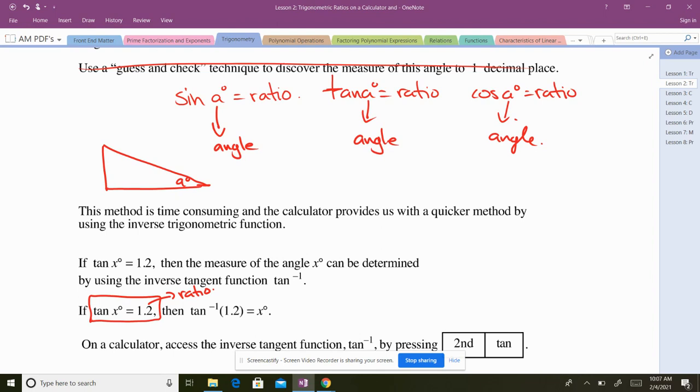What you do is you go the angle x is tan to the minus 1 of 1.7. So on your calculator, you have to hit tan to the minus 1. Now my calculator shows it, and then I put the ratio inside of that, 1.7, and you should get 59.5. So your angle is 59.5 degrees.